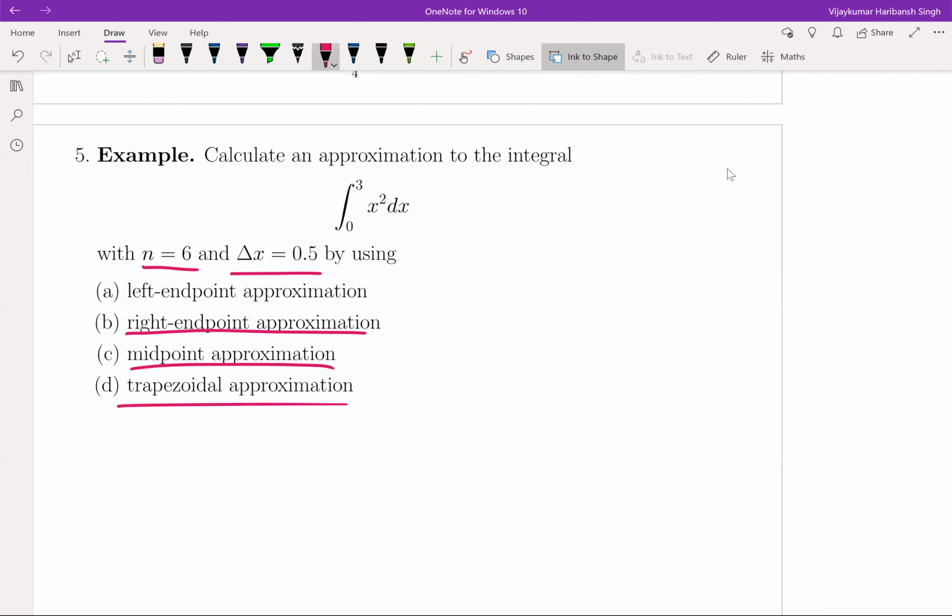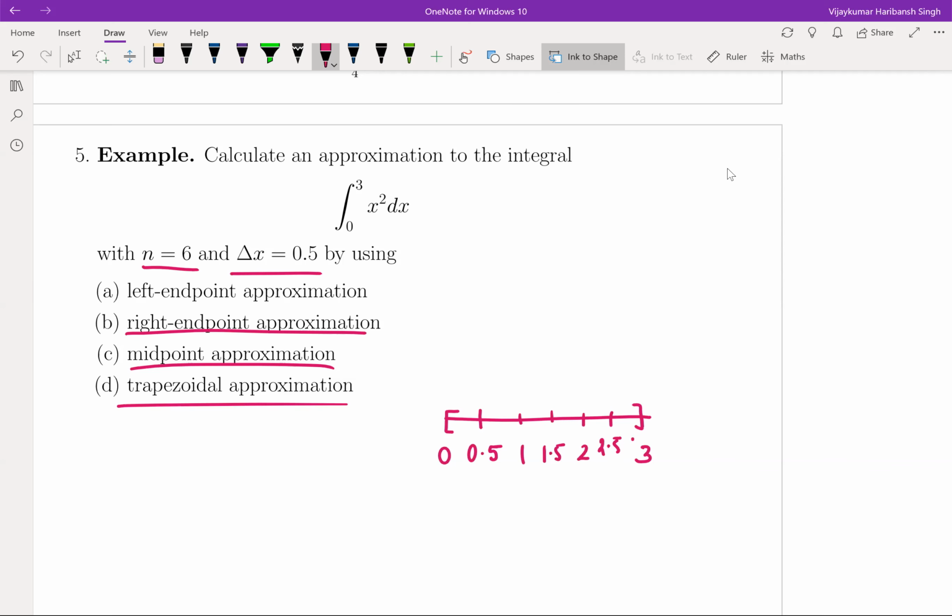Your n is 6, and you have 0 to 3. Therefore, how many intervals? You're going to divide it into 6 intervals: 0.5, 1, 1.5, 2, 2.5.